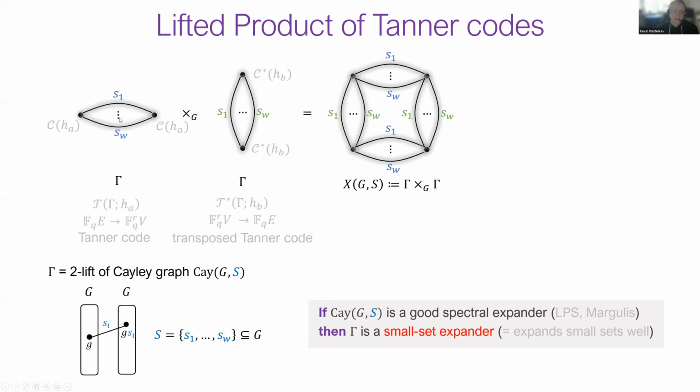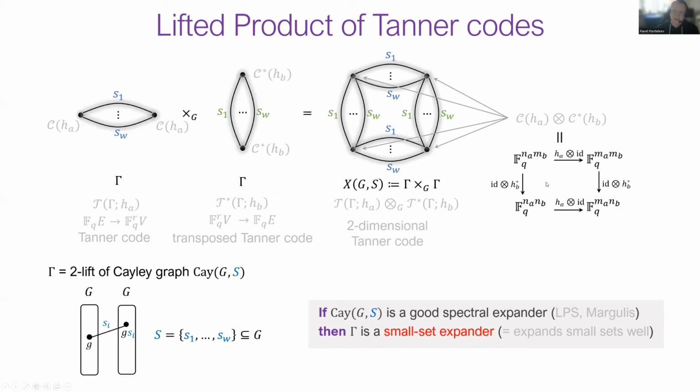And in this case, it's a lifted Tanner code because we apply it to the lifted graph. Here we obtain what can be called a two-dimensional Tanner code, because our constraints are not classical codes. Our constraints at each vertex can be viewed as quantum codes. In fact, they are just hypergraph product codes.